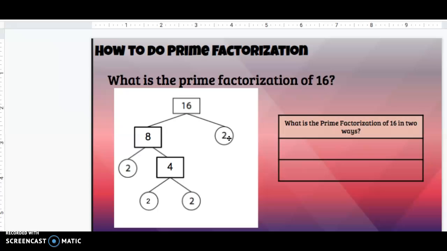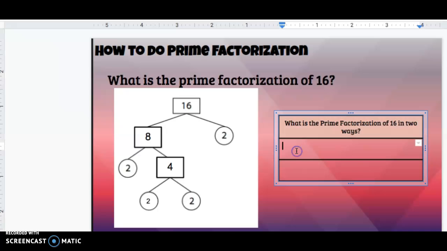So now I'm going to talk about 2 ways we write our prime factorization out. The only thing we write are our prime numbers, the numbers we've circled. So we're not writing 8, we're not writing 4, we're only writing the circled numbers. So we would write 2 times 2 times 2 times 2.